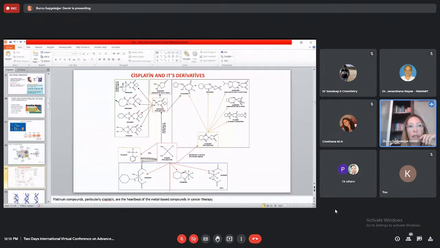However, the discovery and use of cisplatin have encouraged investigators to search for and develop novel non-platinum containing metal species with superior anti-cancer activity and low side effects.